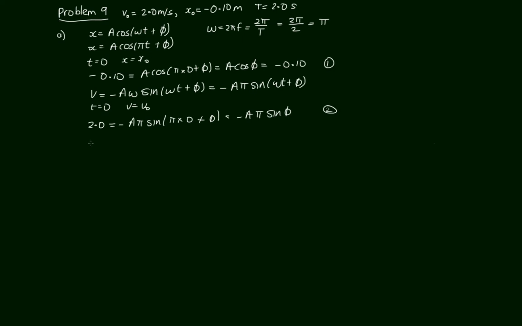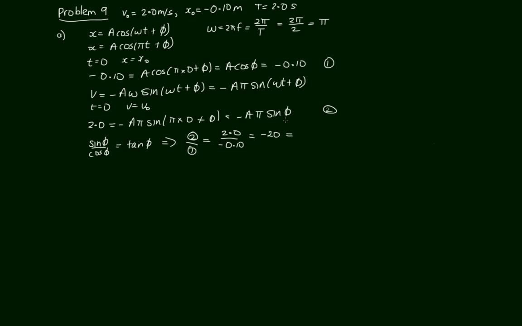What we'll be using is the relationship that sine phi on cos phi is equal to tan phi. So using this, we can put equation 2 over equation 1. So equation 2, we've got the left-hand side is 2, and here that's over minus 0.10. And so that is equal to minus 20.